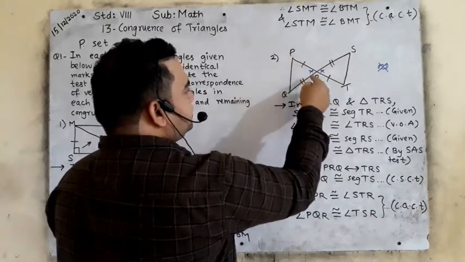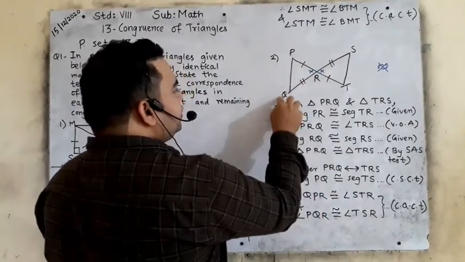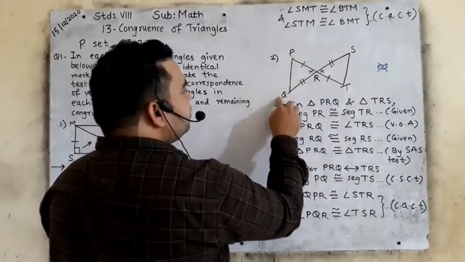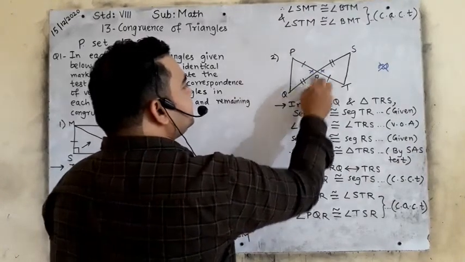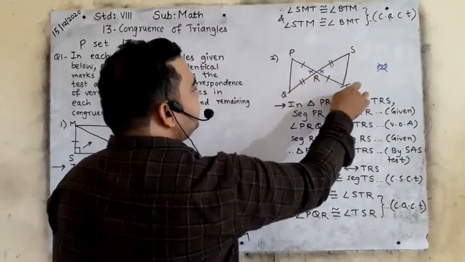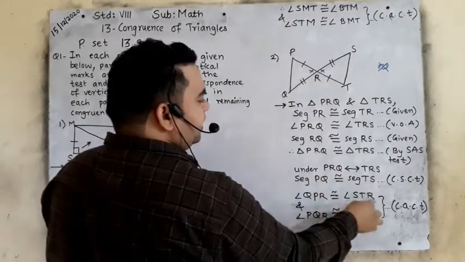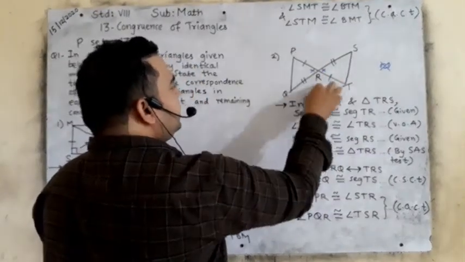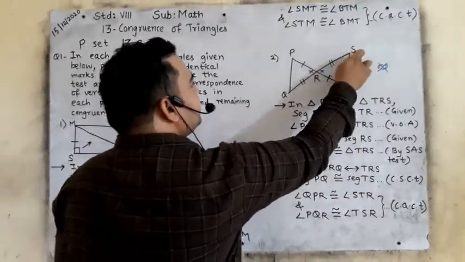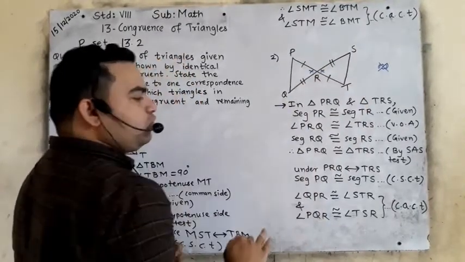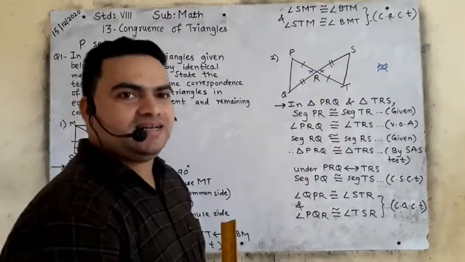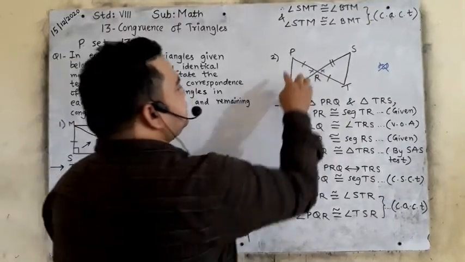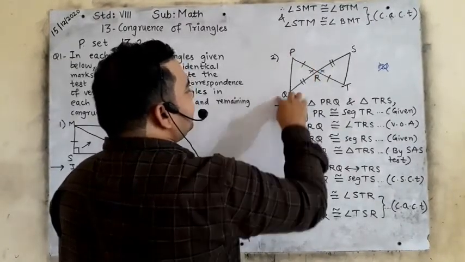Now start from QPR. Here two lines start, it means STR. Angle QPR has two lines, so angle STR will be congruent because they are corresponding angles of congruent triangles. Now you start from PQR.